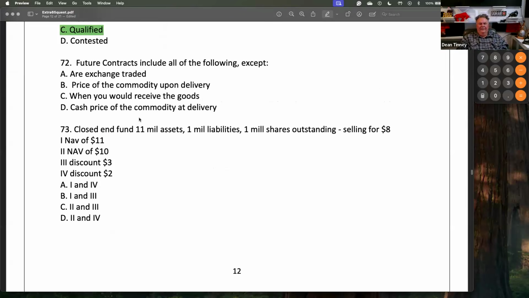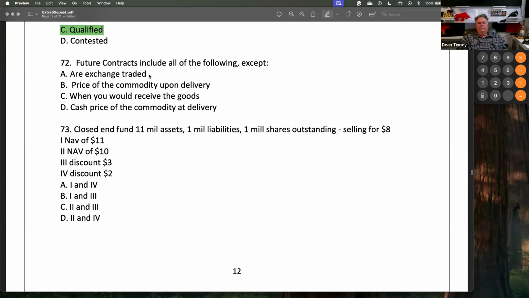Futures contracts include all the following except... Is it exchange traded?